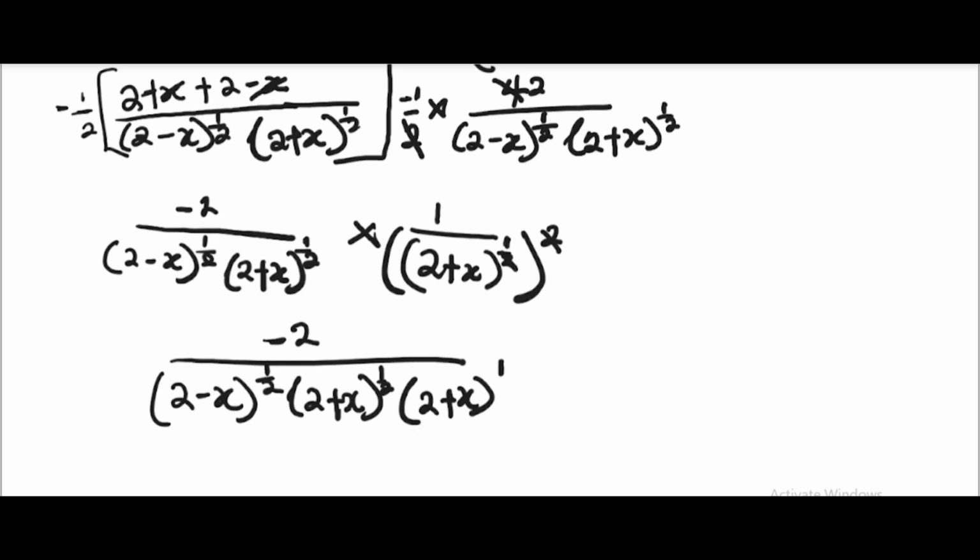So now if we add the powers of this, half plus 1 will give us 3 over 2. So our final answer, dy dx, is minus 2 all over 2 minus x raised to the power of half times 2 plus x raised to the power of 3 over 2.